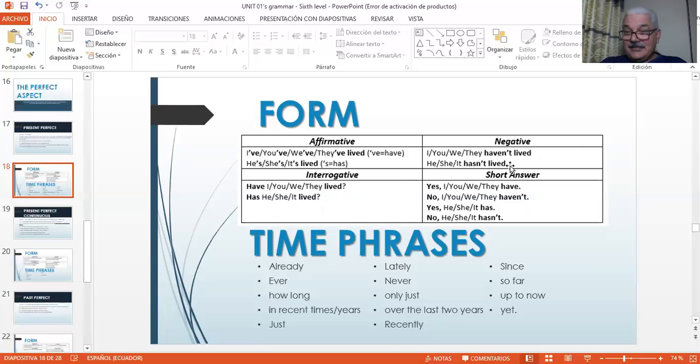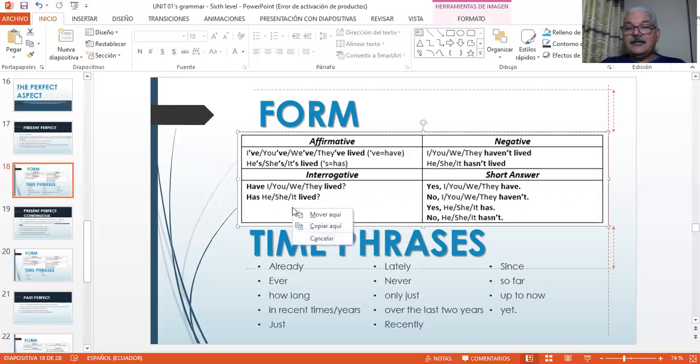If we ask a question, we had to use the auxiliary have in the first position, then the subject, and finally the verb in its past participle form. The same if we use the third person singular, but in this case, we are going to use the auxiliary has.